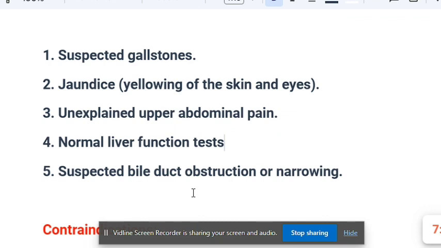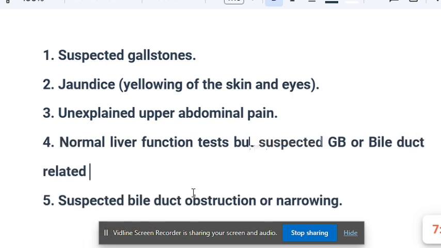So instead of writing abnormal, we have to write here normal liver function test, comma, suspected TB or bile duct related disease.